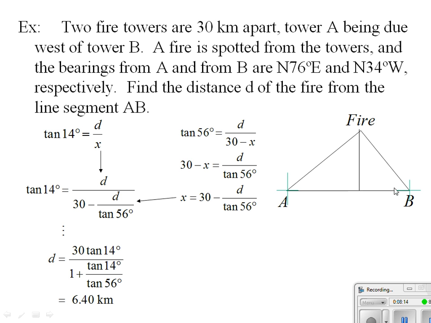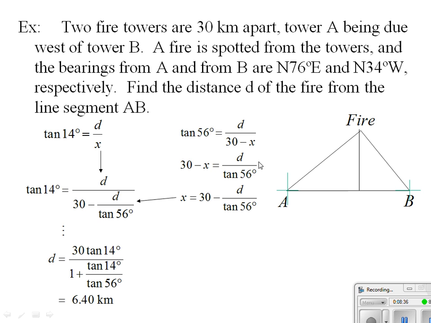So again, the interior angle of the triangle at point B needs to be the complement of 34 degrees, which is 56. 90 minus 34 is 56. So again, I have now in my big triangle, I know how much angle A is, I know how much angle B is, and I know how far apart A and B are.